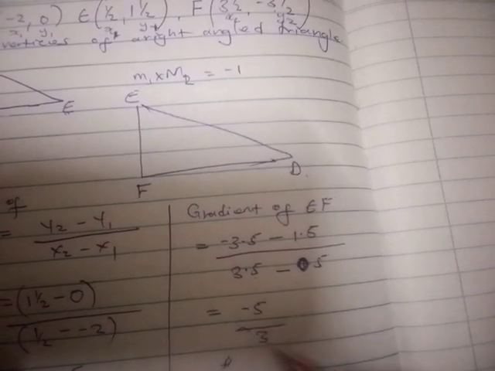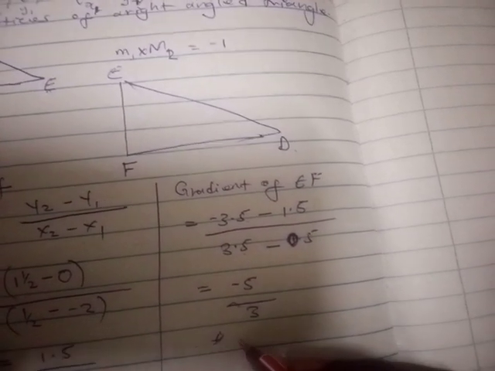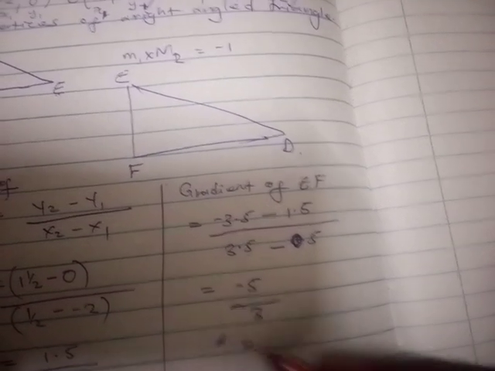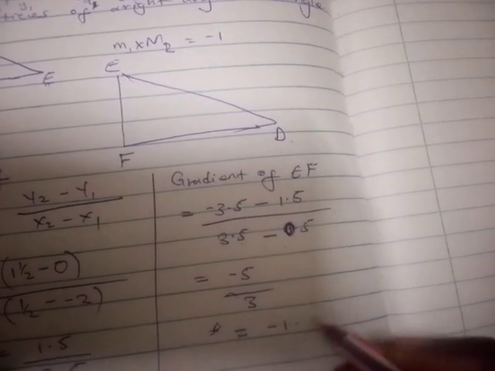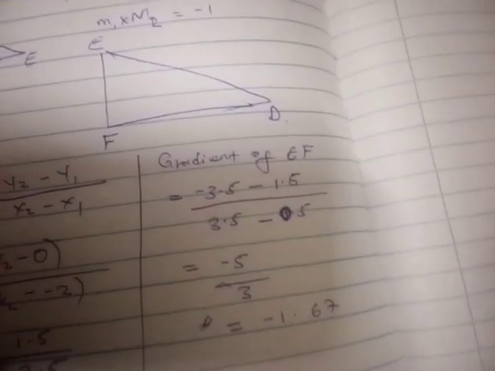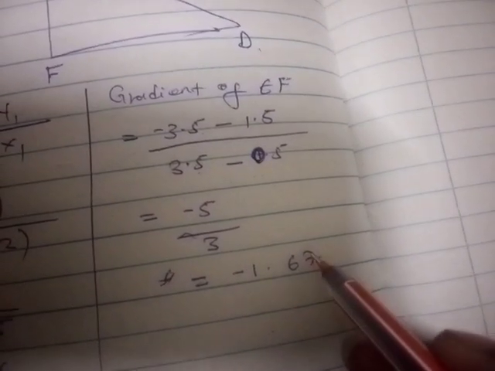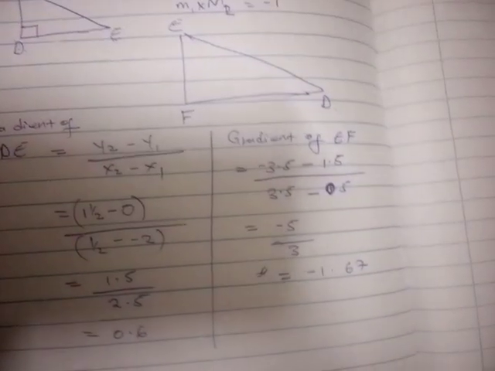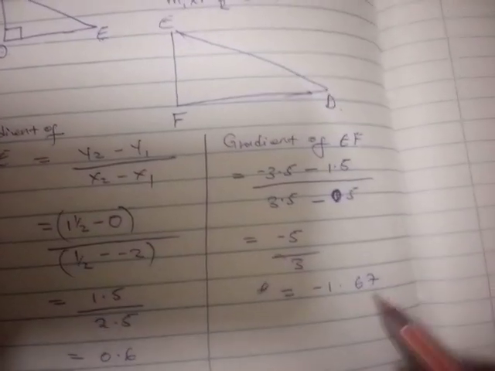So this one will be giving me 3, and the answer will be something like negative 1.67, after rounding off to 2 decimal places. Now there we go, we have the gradient of EF.